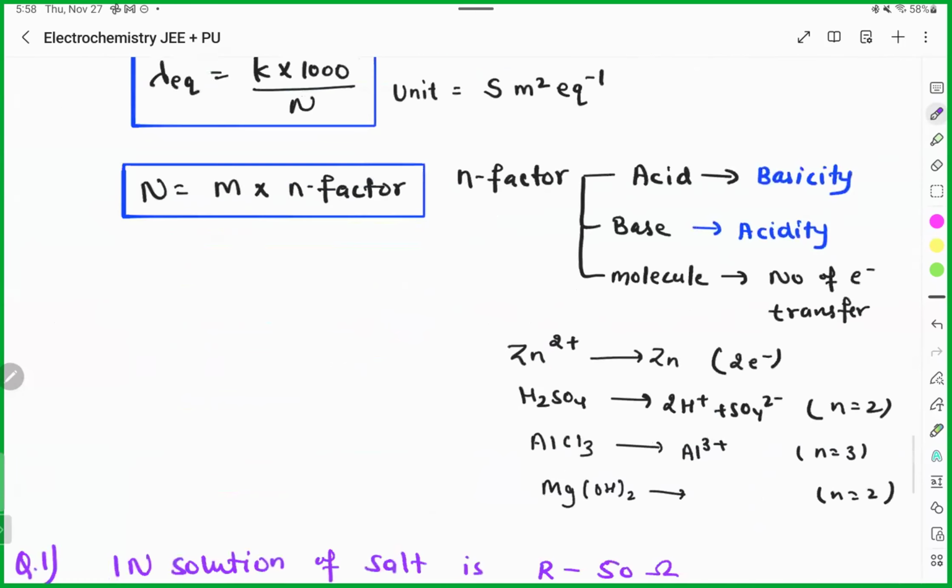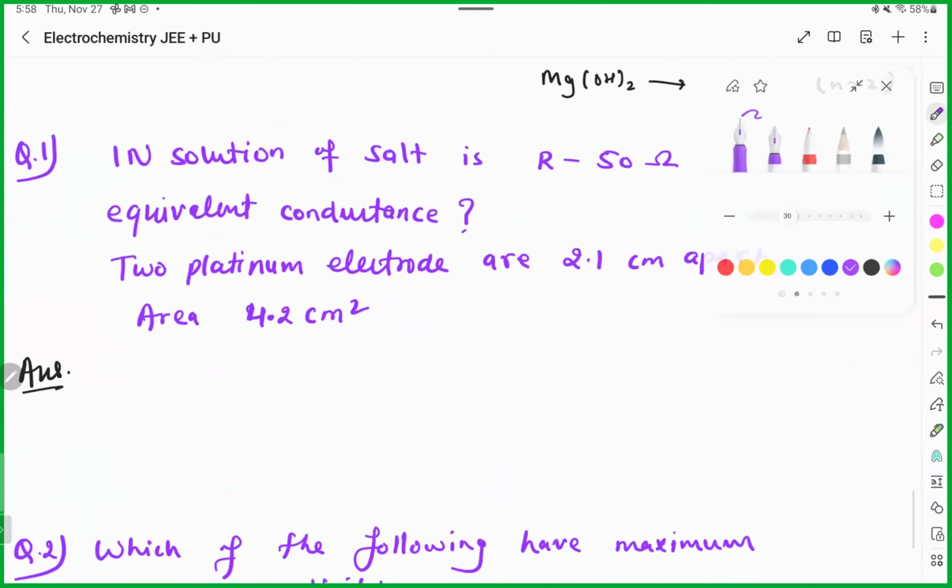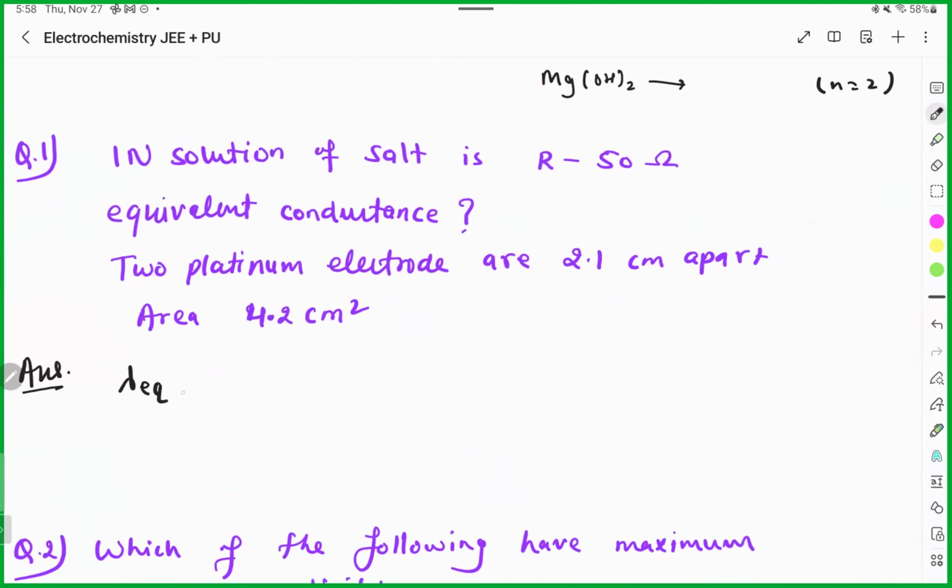Very good. So what we are supposed to do: we know for equivalent conductivity, we have the formula kappa into 1000 by normality. We know normality is 1. It means we need kappa, correct? How to calculate kappa in this situation?